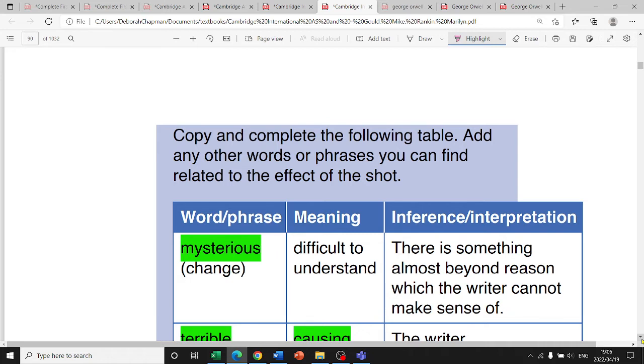Okay. So, what is that mysteriousness inferring? This suggests that there is something almost beyond reason which the writer cannot make sense of.